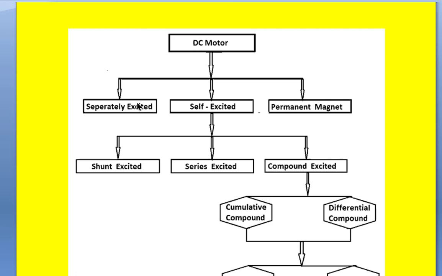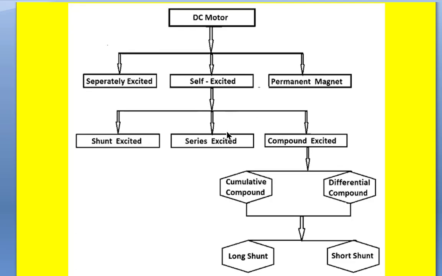Similarly, separately excited motors are normally used in laboratories for experimental purposes, whereas self-excited motors are normally used in real applications. Under self-excited motors, again there is a classification: shunt motor, series motor, and compound motor.